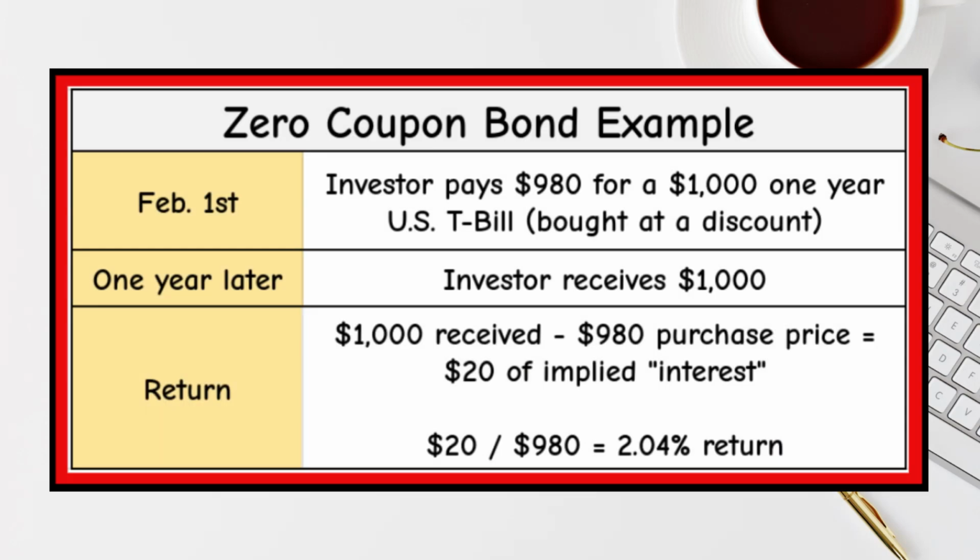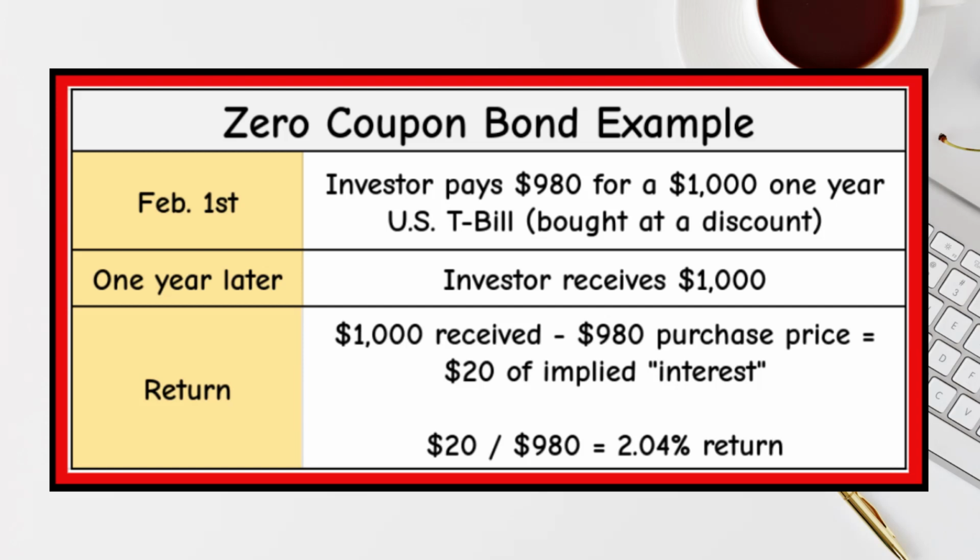For instance, let's say an investor buys a $1,000 one-year U.S. Treasury bill at a discount for $980. The investor will pay $980 for the T-bill at issuance and then receive $1,000 back when the security matures.